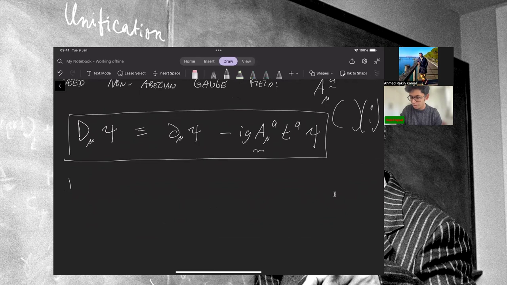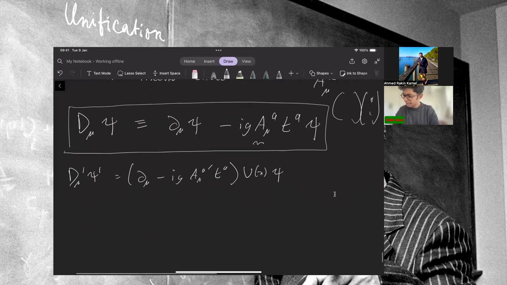So for example, let's compute D_mu' on psi'. What is that? That is partial_mu minus i g A_mu^a' T^a acting on psi', where psi' is of course U(x) acting on psi.